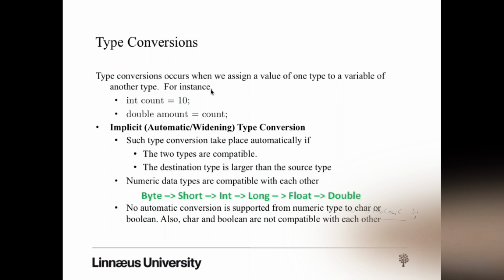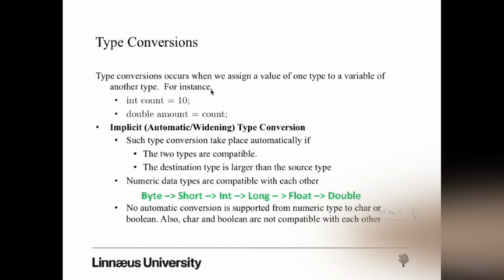This is called a widening type conversion. For example, if you have two variables, one byte and another short, the byte will be converted to the short, and so on. Short will be converted into integer, long to float, and float to double.